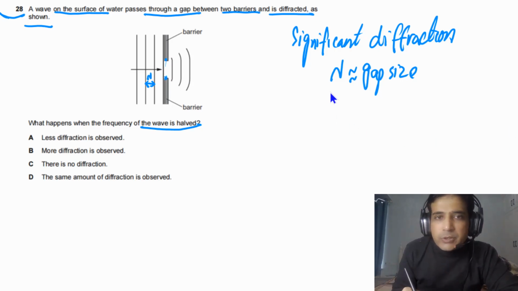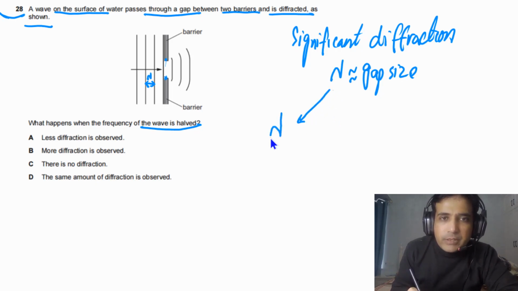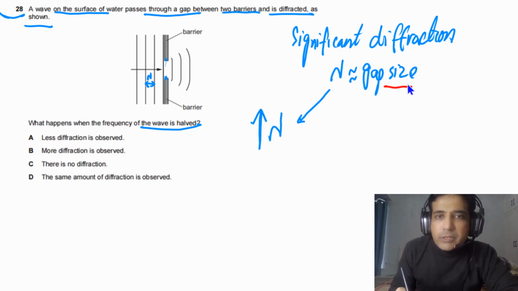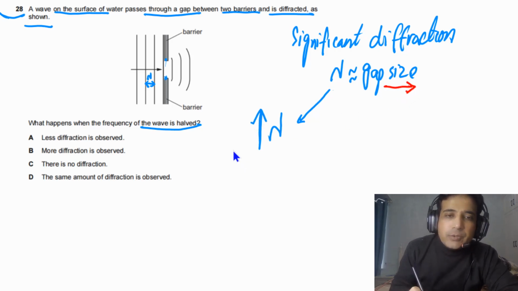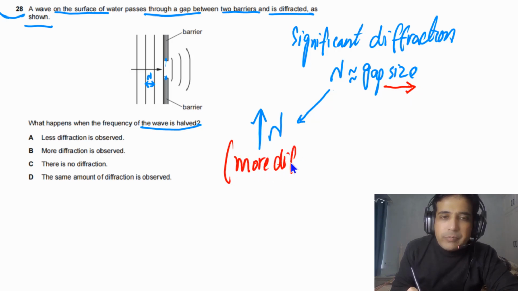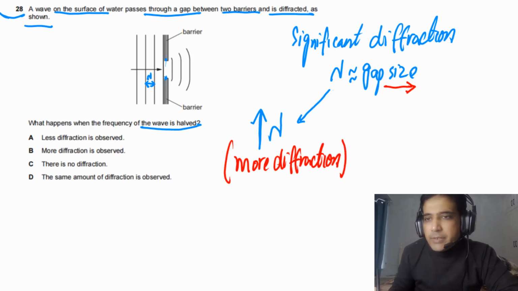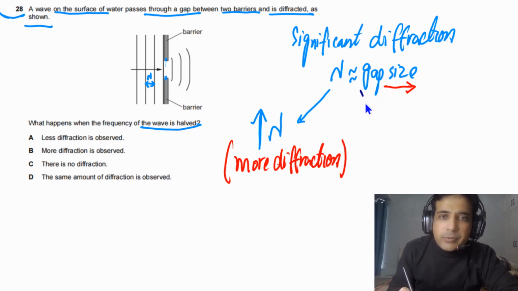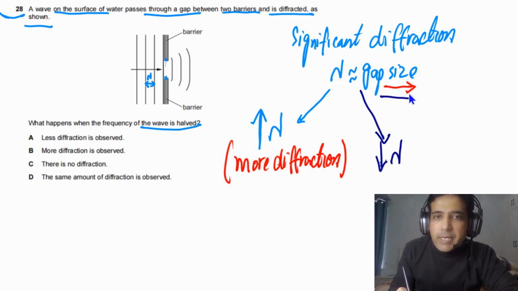And also we need to understand that if we increase this lambda but keep the gap size the same, there will be more diffraction. On the other hand, if we decrease lambda and keep the gap size the same, there will be less diffraction.